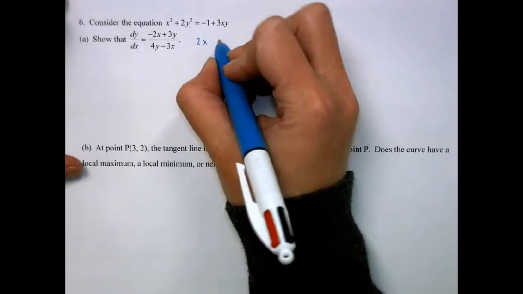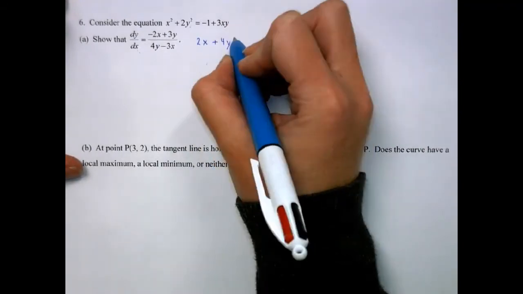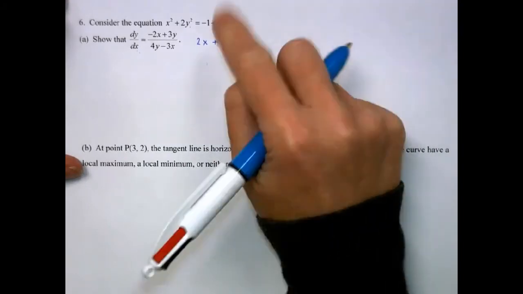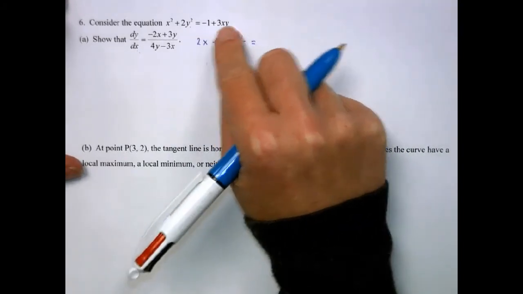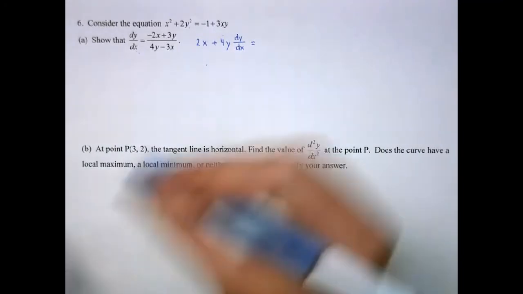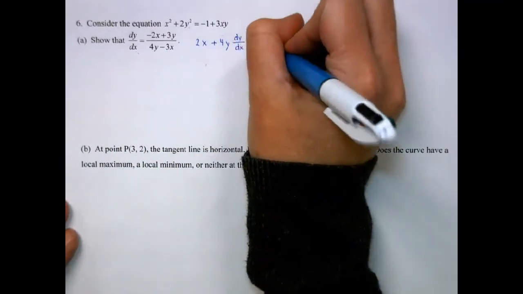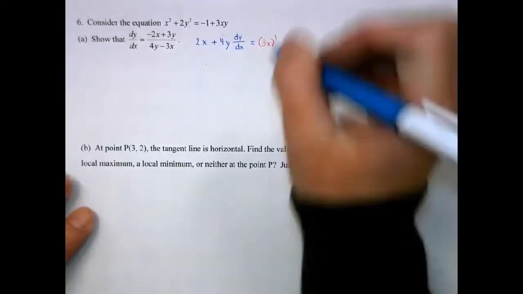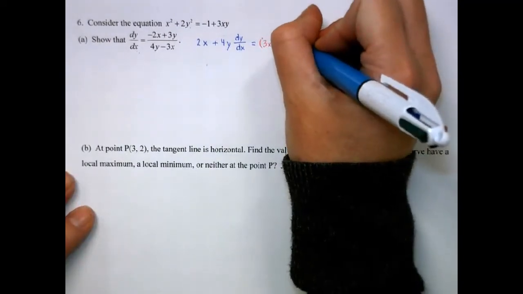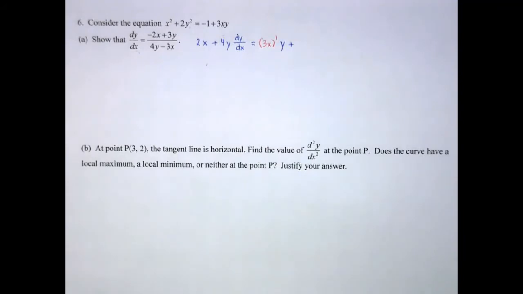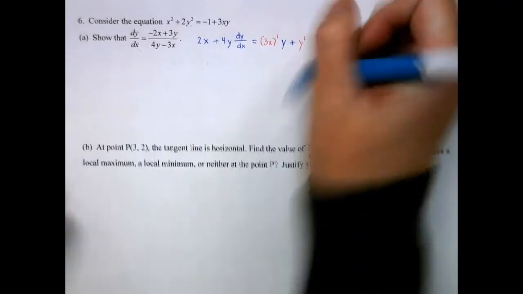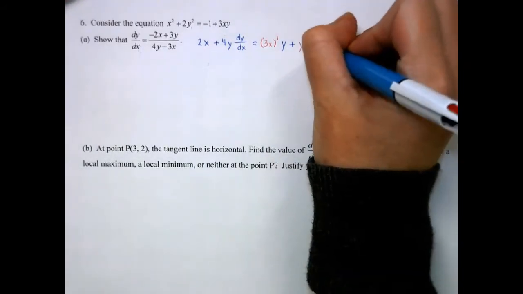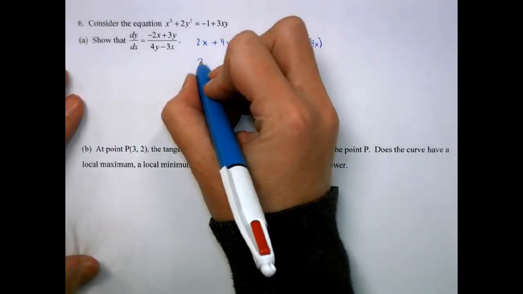So this will be 2x plus 4y dy dx equals, the derivative of -1 is 0, but on this part we're going to have to do a product rule. Okay, so leave this side alone for right now.